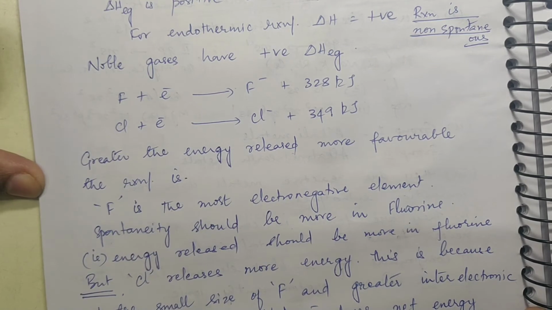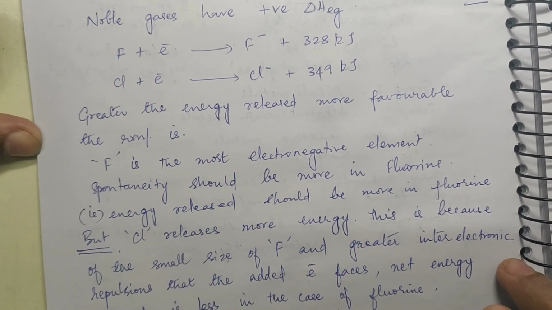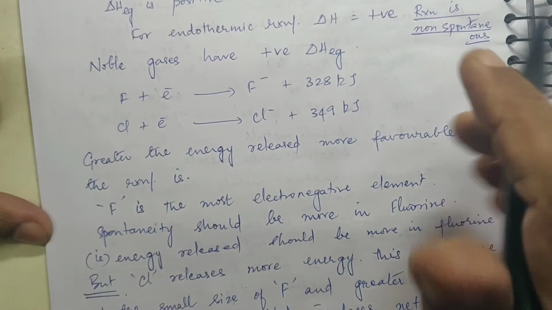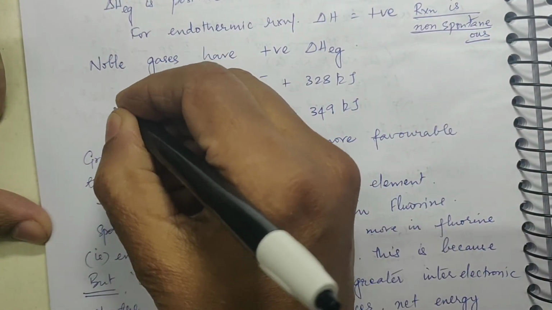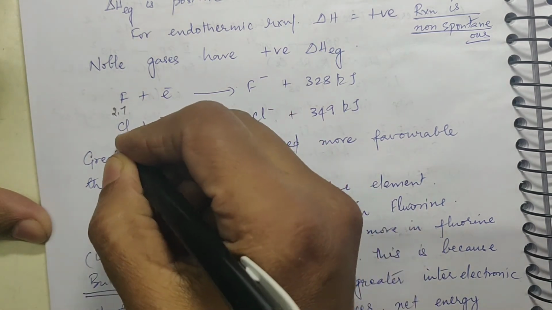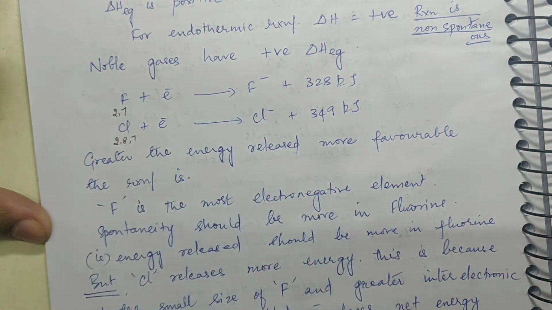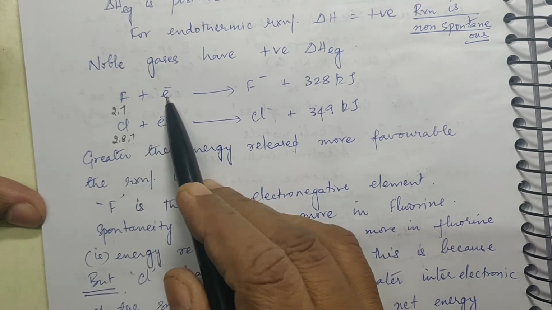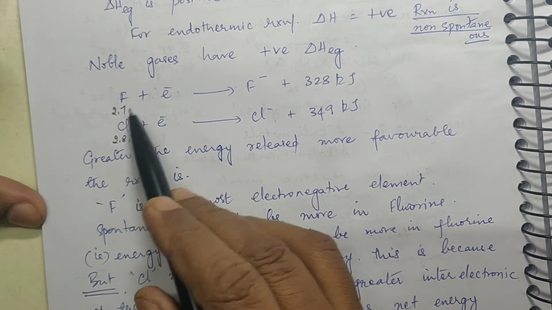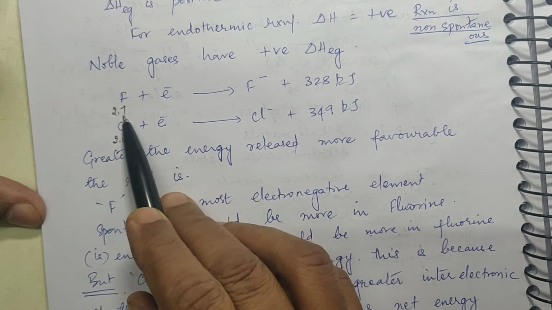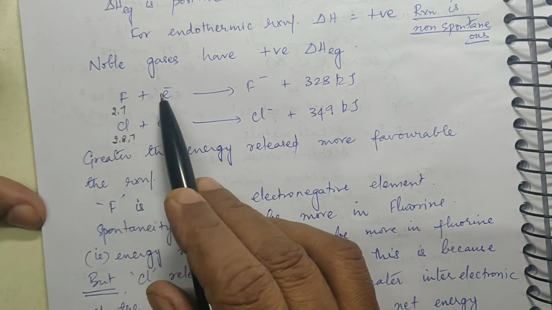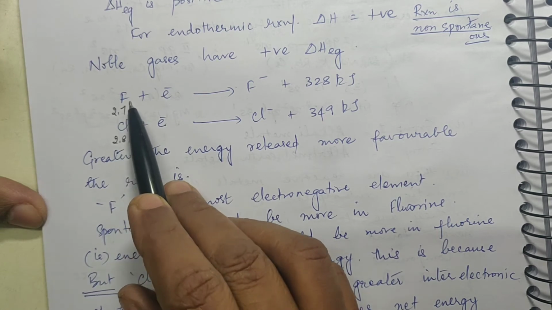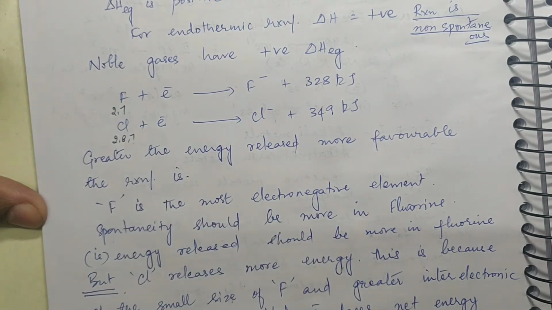Why? That is because in the case of fluorine, the electronic configuration is 2,7 and in the case of chlorine, it is 2,8,7. Now this electron will go to the third shell and this electron will go to the second shell. When the electron goes to the second shell, the incoming electron experiences more repulsion from the existing electrons.